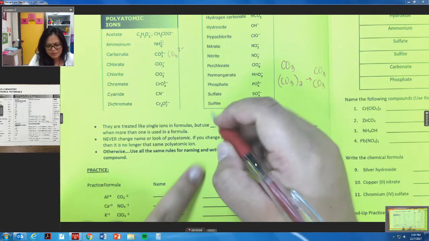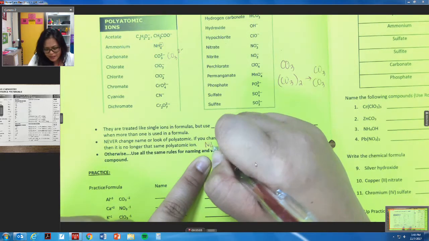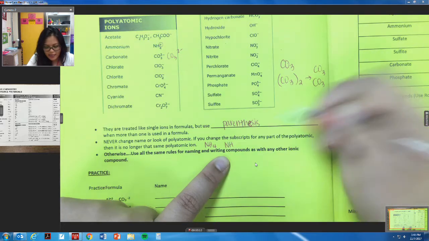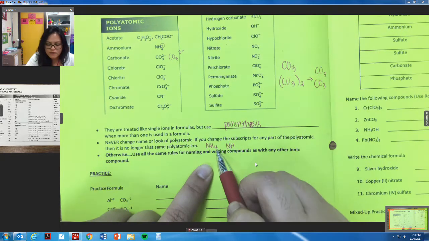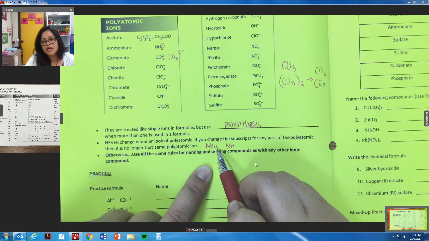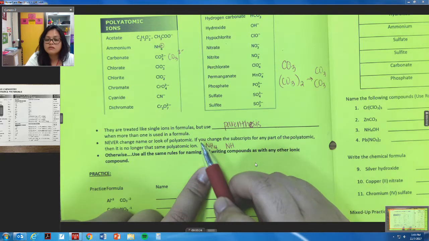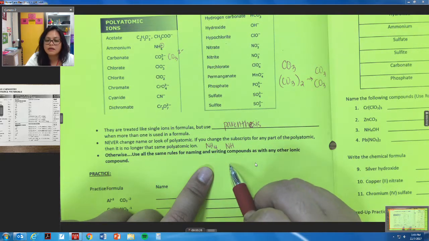So our example: NH4 is going to be different from NH, and it has everything to do with your subscript. For this one, you have 4 hydrogens. For this one, you only have 1. These are still considered polyatomic ions.